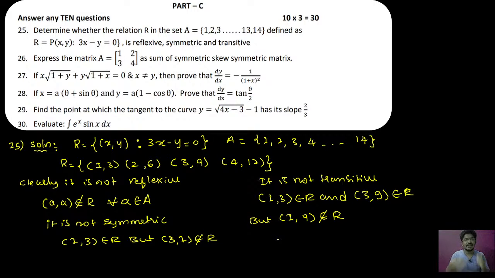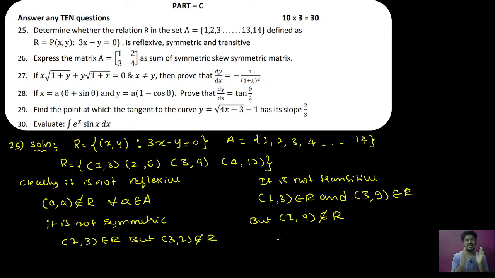Hence it is not reflexive, not symmetric, as well as not transitive. So try to give examples. Don't simply write not symmetric, you need one example, so that's why you give an example.